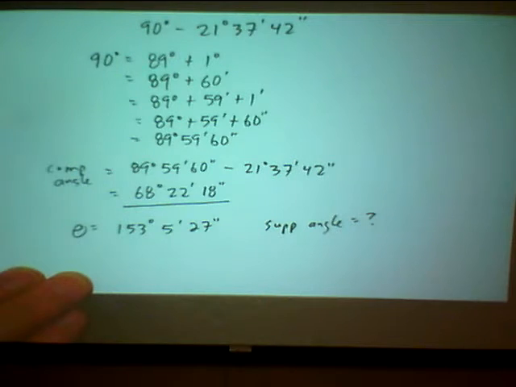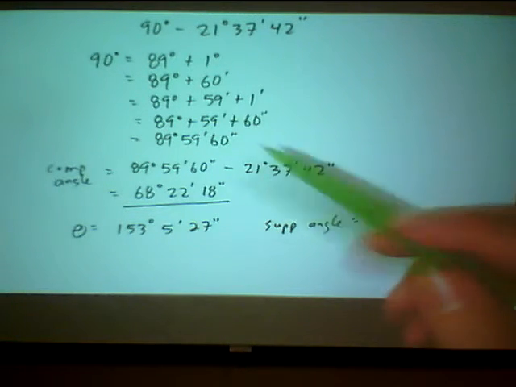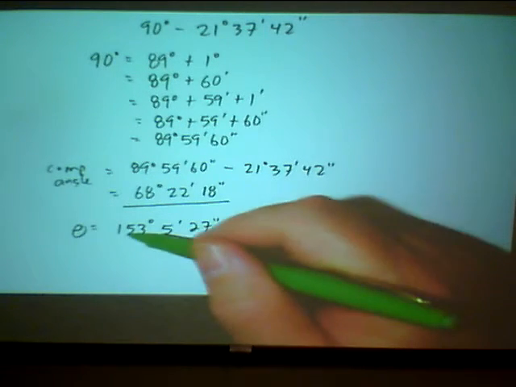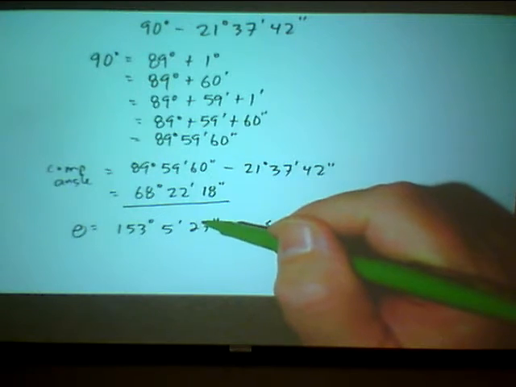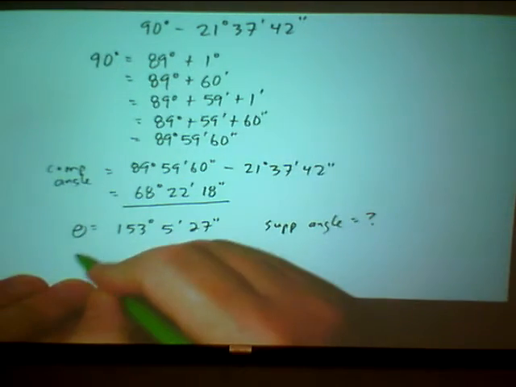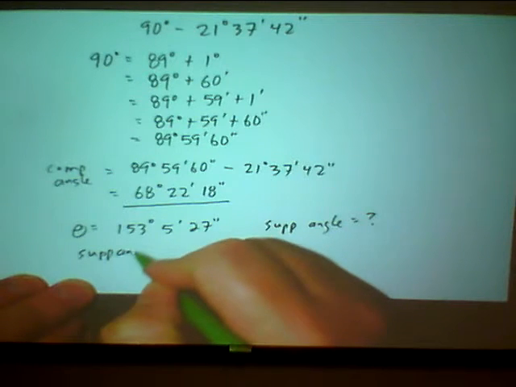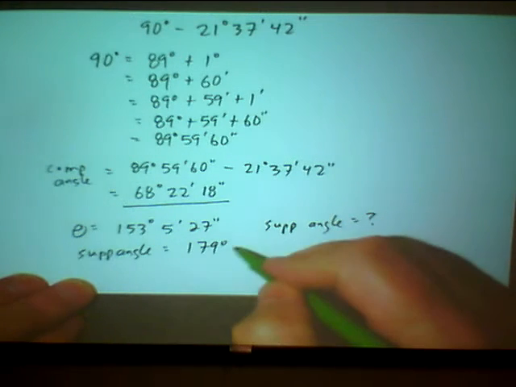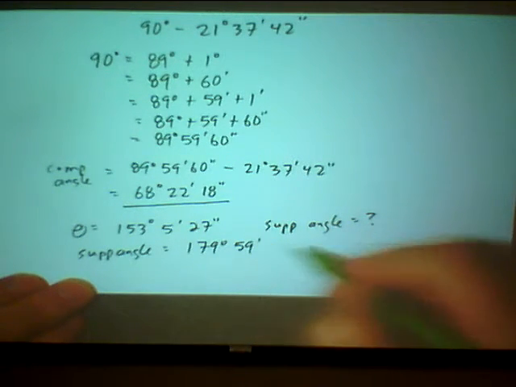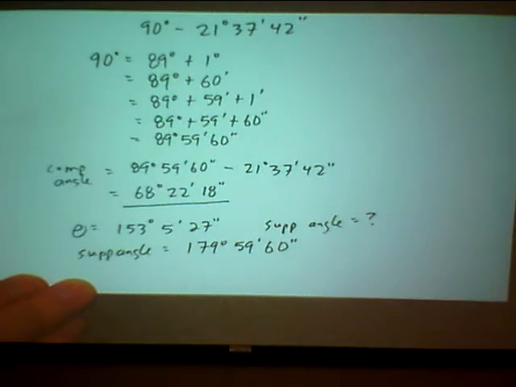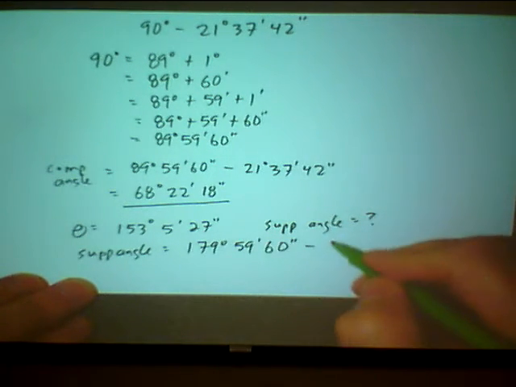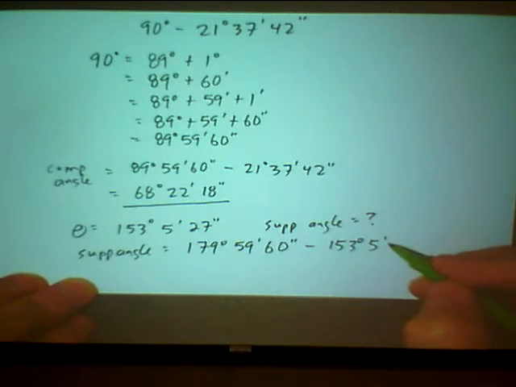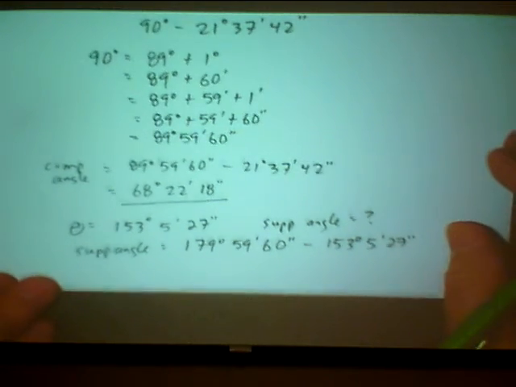Well, using the same idea as above, I'm going to now take 180 degrees minus this angle, but I'm not going to write 180 degrees. Instead, I'm going to write it 179 degrees, 59 minutes, and 60 seconds, minus my angle, 153 degrees, 5 minutes, 27 seconds.